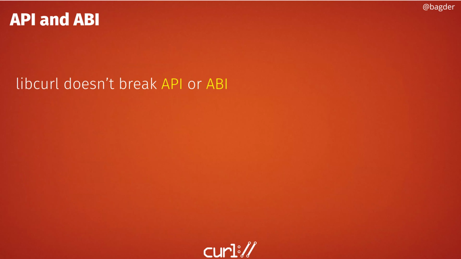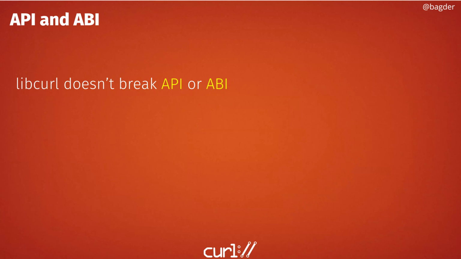In libcurl and the curl project, we work really hard, and one of our main missions in life really is to never ever break the API or ABI. That means that upgrading to the next libcurl is always safe. It won't break your application, so you can always upgrade to the latest.